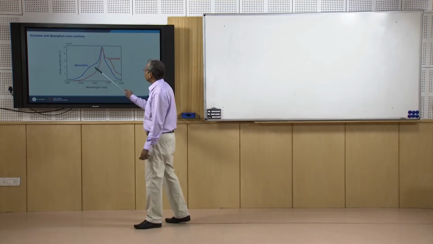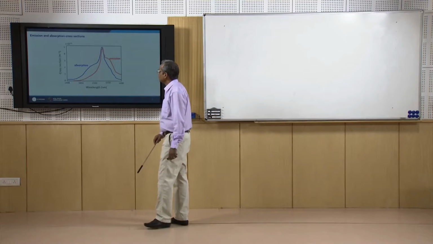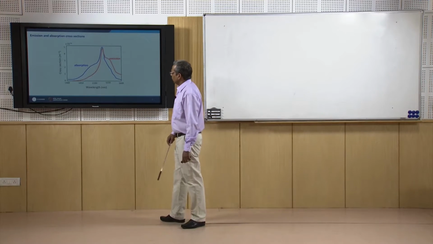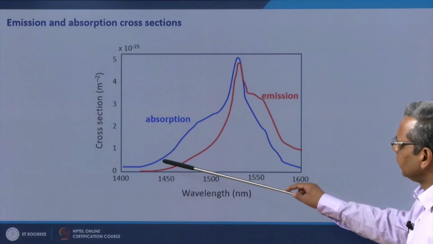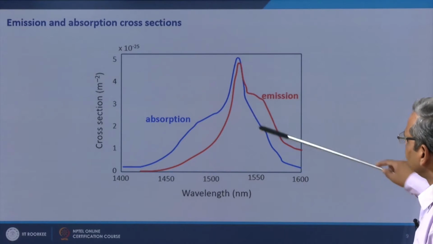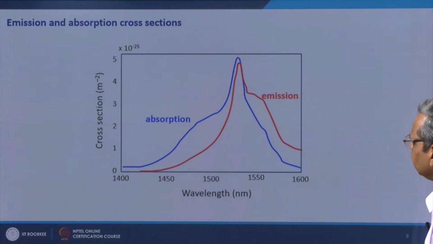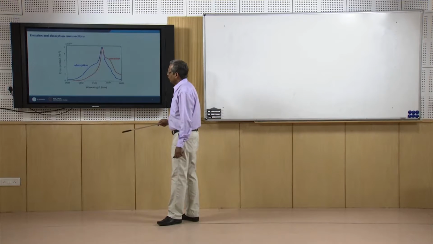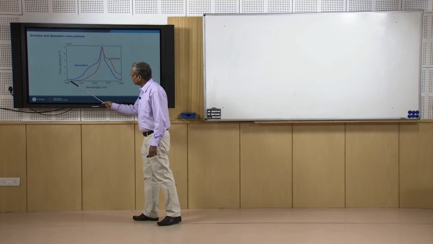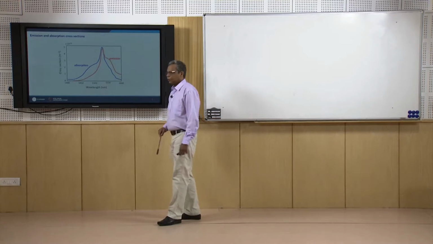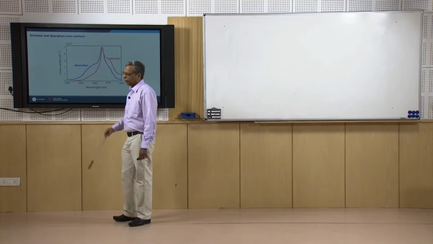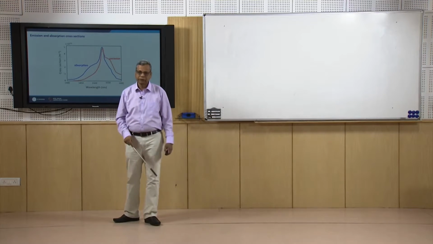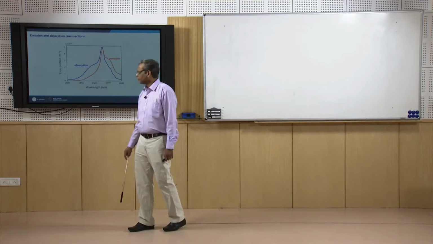These are absorption and emission cross sections with respect to wavelength. So, we can see the absorption cross section is like this and the emission cross section is like this in the wavelength band near 1500 nanometer wavelength. Apart from this, there is absorption at 980 nanometer wavelength, which is a very strong absorption.